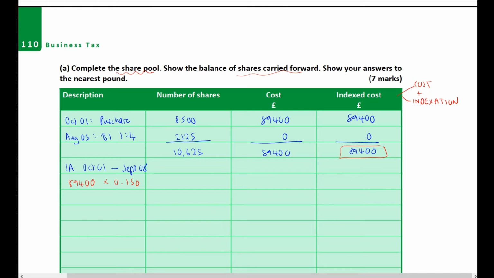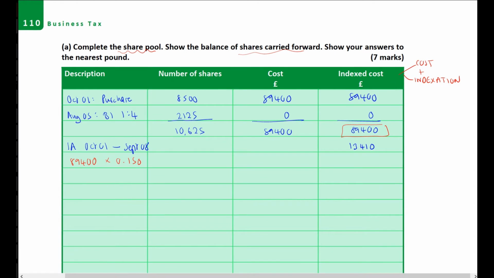So the indexation, of course, doesn't affect the number of shares, it doesn't affect the cost, it only affects the indexed cost column. Okay, another little subtotal.